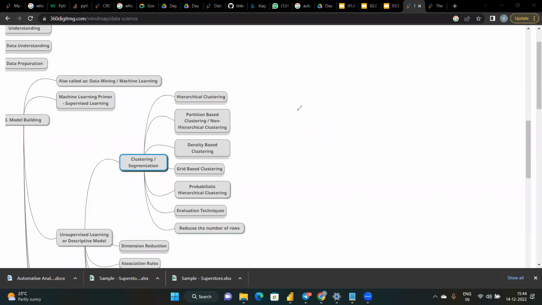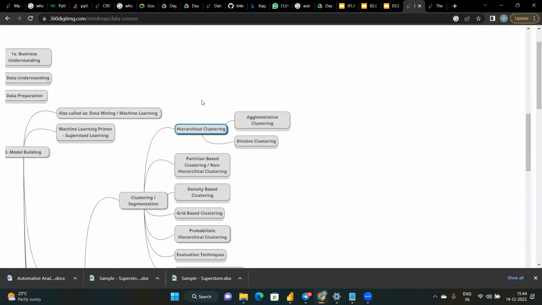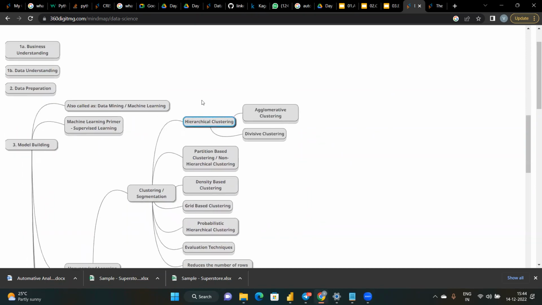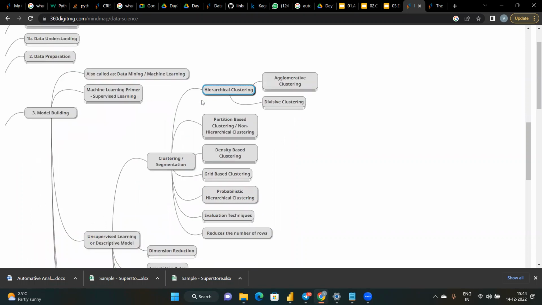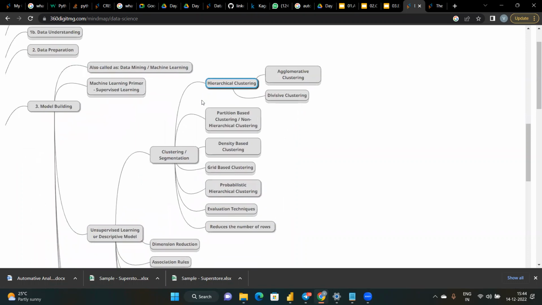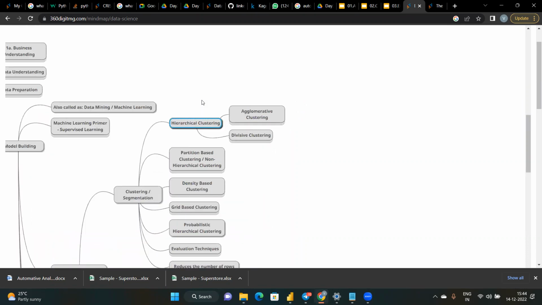After that we have hierarchical clustering. In hierarchical clustering, we have agglomerative and divisive, a bottom-to-top approach and a top-to-bottom approach. Before explaining that, what is hierarchical clustering? In data mining and statistics, hierarchical clustering is a method of cluster analysis.